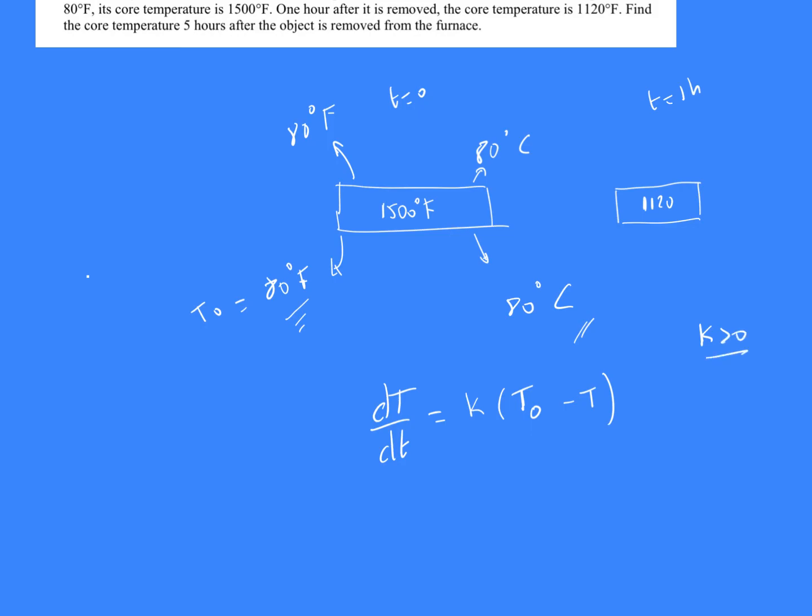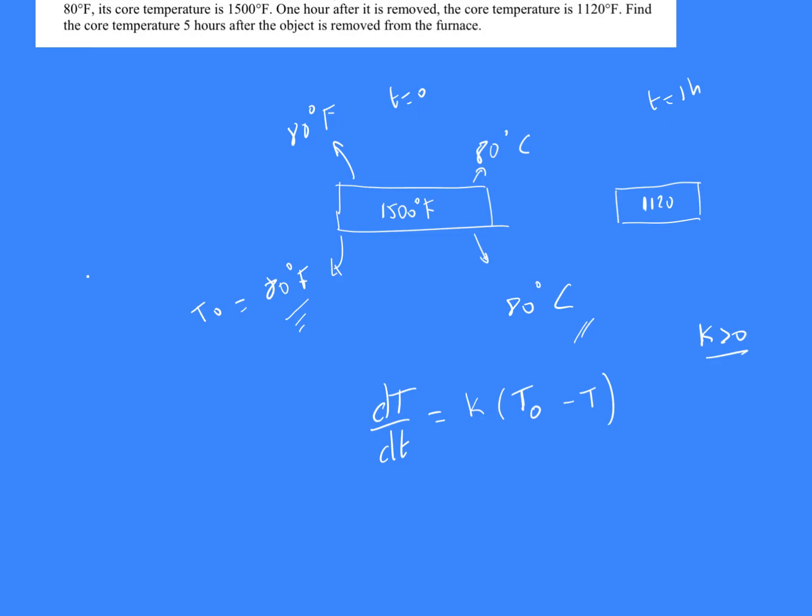Now I would say, well, if T0 is 80 degrees and T is the temperature of the object, the same T that is here, this will be negative. So the slope, the change in the temperature, the function will be decreasing.